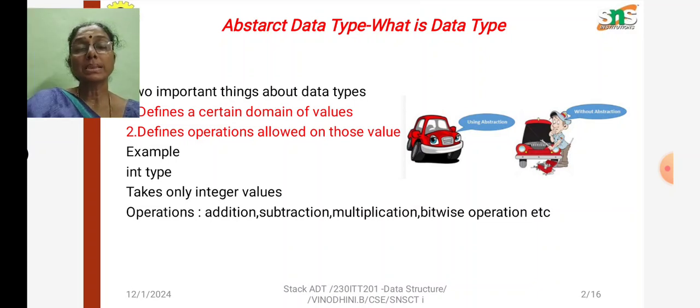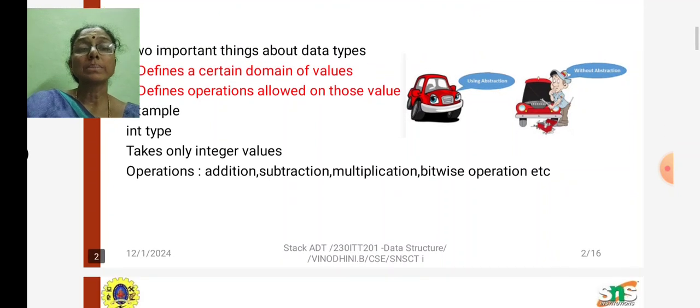In an abstract data type, an object is manipulated through operations. We can add or delete anything in that object only through operations. That is called abstract.